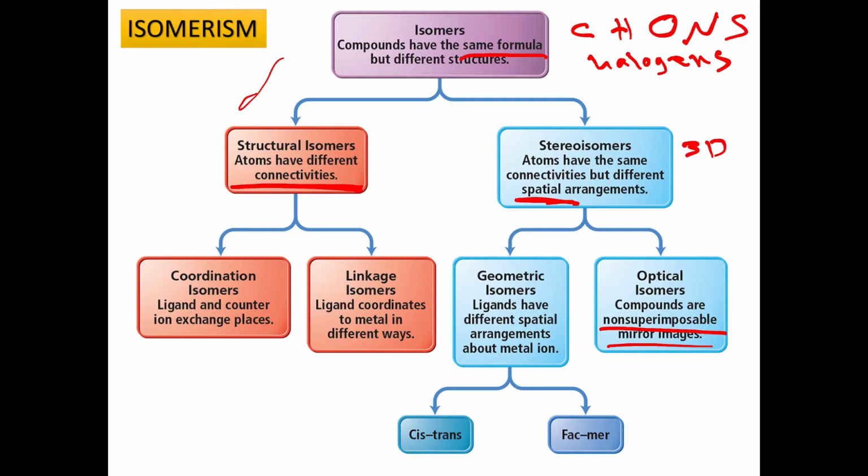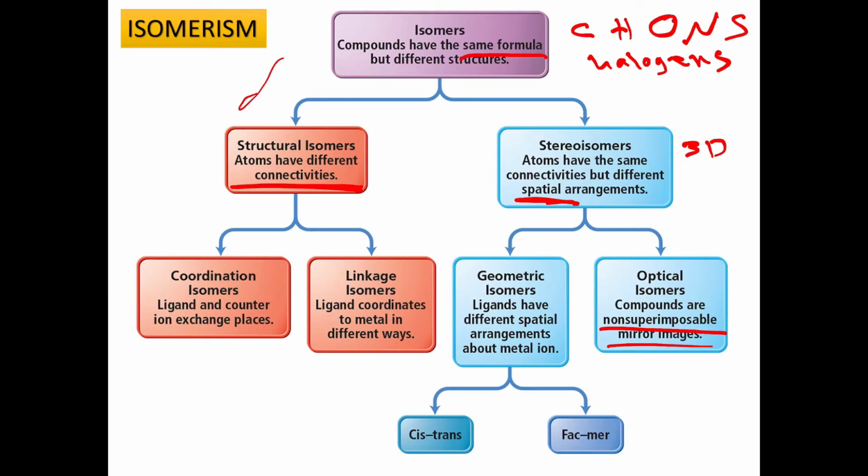We have coordination isomers from the structural isomers. We said structural isomers have different connectivity. That means different in their atomic connection with each other. It's where ligand and counter ion exchange places. And we have another type of structural isomers which we call linkage isomers.